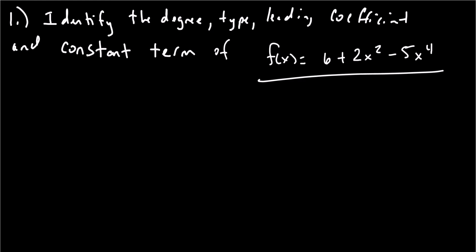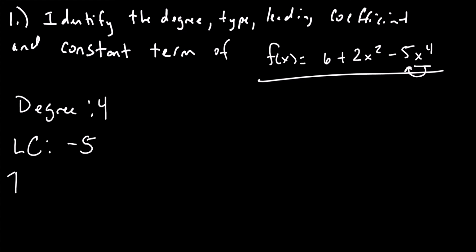Now the degree, the highest exponent is 4. That's why the degree is going to be 4. Now the leading coefficient, I'm just going to write LC, is always right in front of that variable with the highest exponent. So I see the x to the 4th, I look and I see it's negative 5.